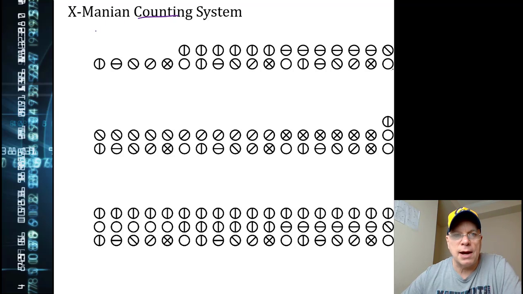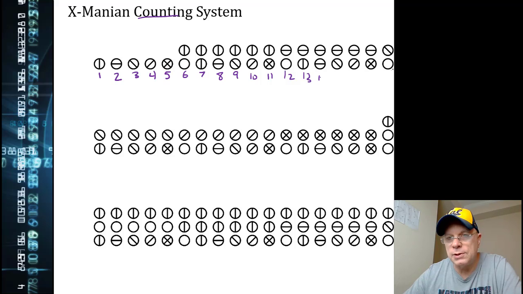We said that these were counting numbers. So this is the aliens' 1, 2, 3, 4, 5, 6, 7, 8, 9, 10, 11, 12, 13, 14, 15, 16, 17, and I'm just going to go up to 18 for now.